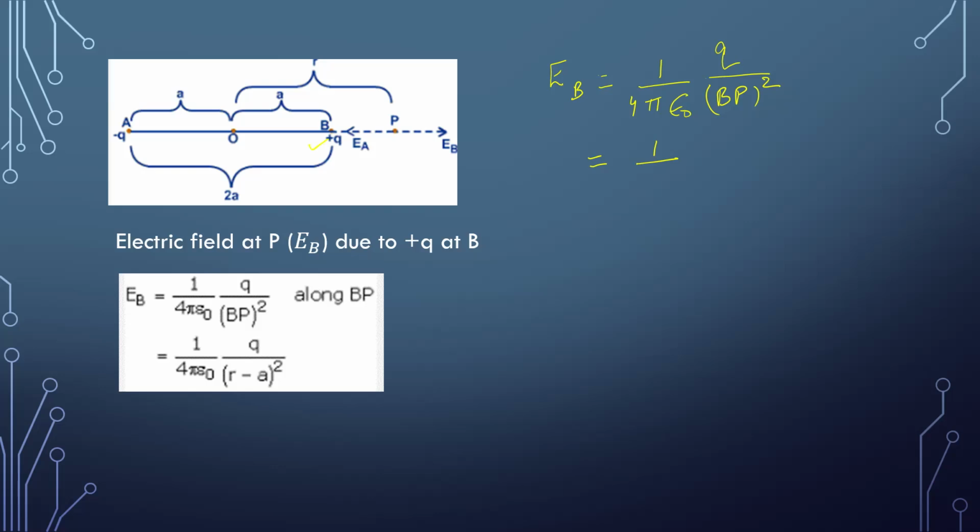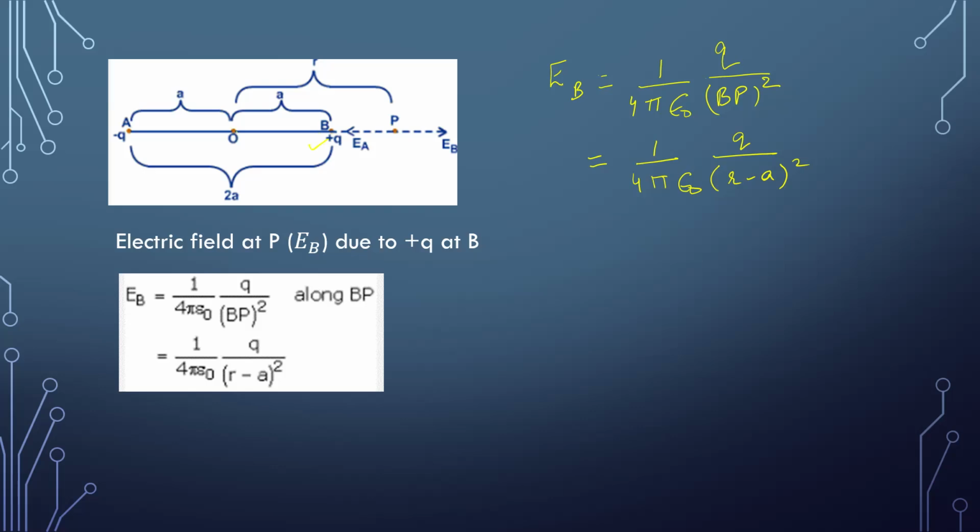As you can see over here, OP is r and OB is a. So BP will be nothing but r minus a. So this is Q upon (r minus a) whole squared.